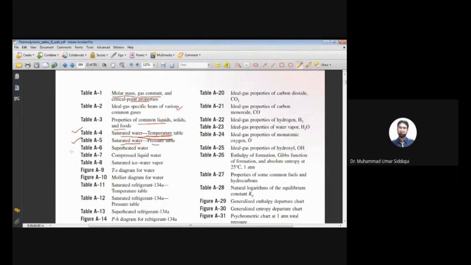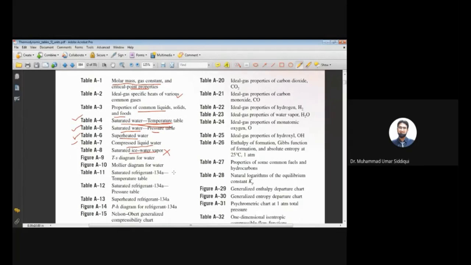Then we have table A6, which is for superheated water. If the water is in the superheated region, then the table is A6. Table A7 is for compressed liquid water or subcooled liquid water. Table A8 is for saturated ice-water vapor, but since it's talking about ice and water vapor, this is not a table we are going to use much. Then figure A9 is the T-S diagram for water, and figure A10 is the Mollier diagram for water.